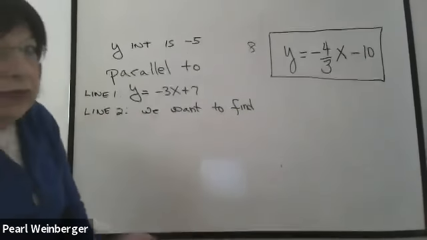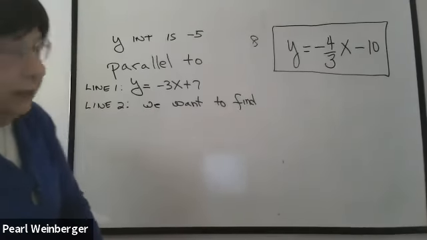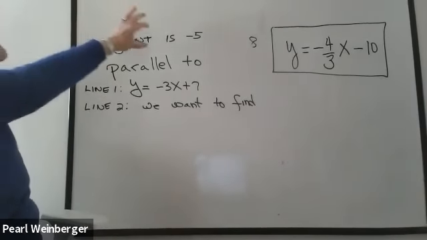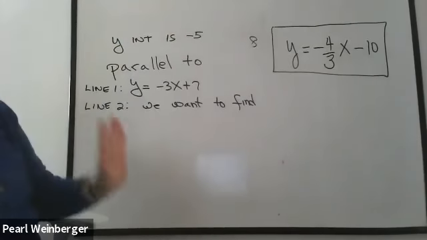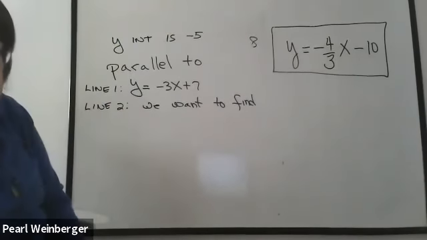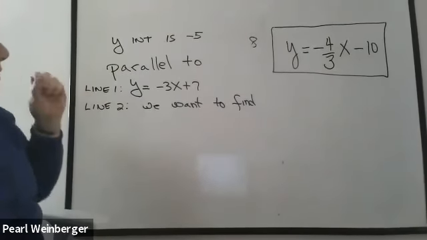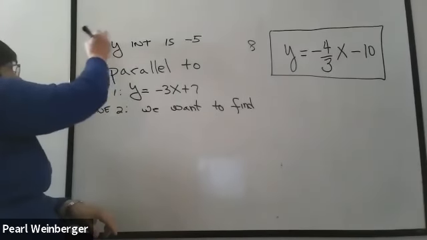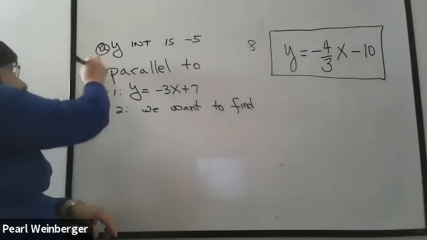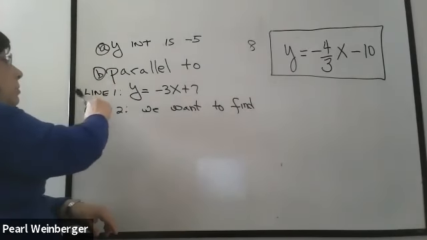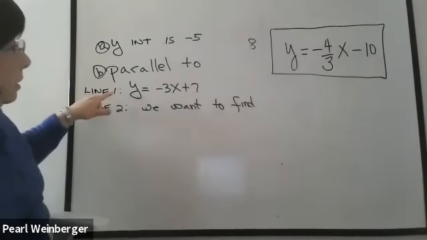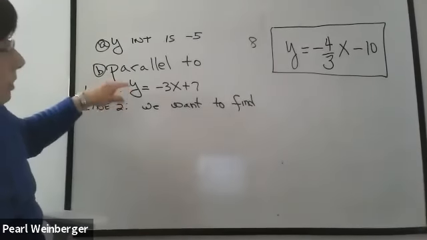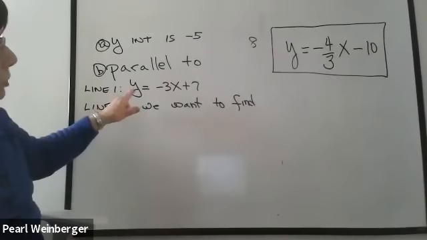All I know is I have a description of the line. The description is it has a y-intercept of -5. So that's fact A. Fact B they're telling me is that it's parallel to line 1, whose equation is y equals -3x plus 7.